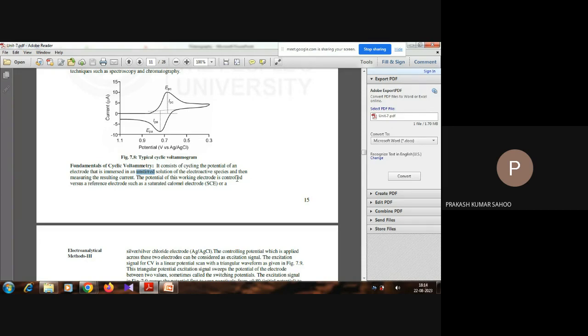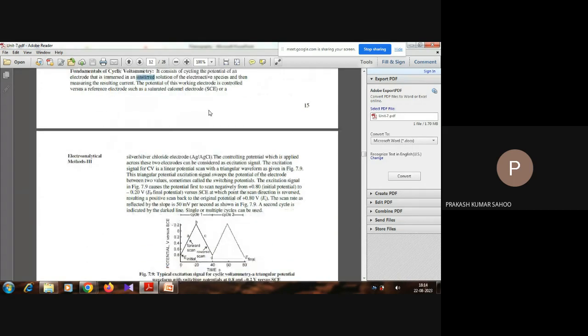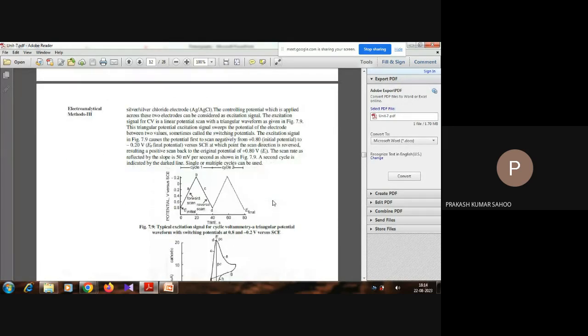So here also three types of electrodes are used. That is, one is the working electrode, the reference electrode, and the counter electrode. For the reference electrode, we may use the silver electrode. The controlling potential which is applied across the two electrodes can be considered as the excitation signal.